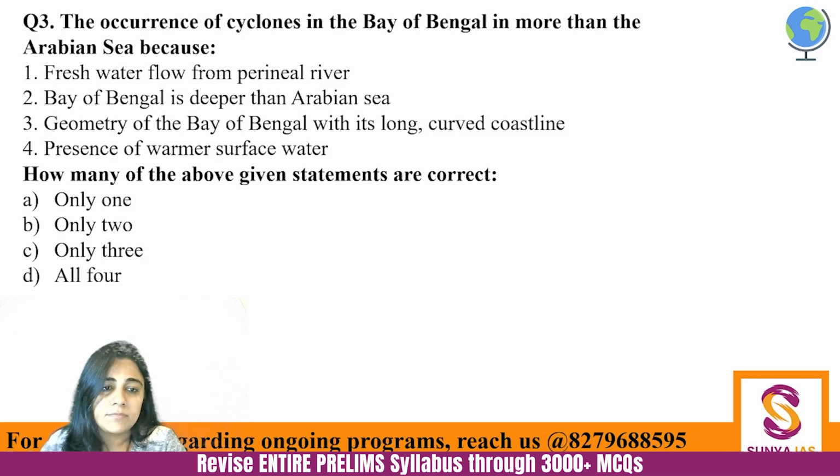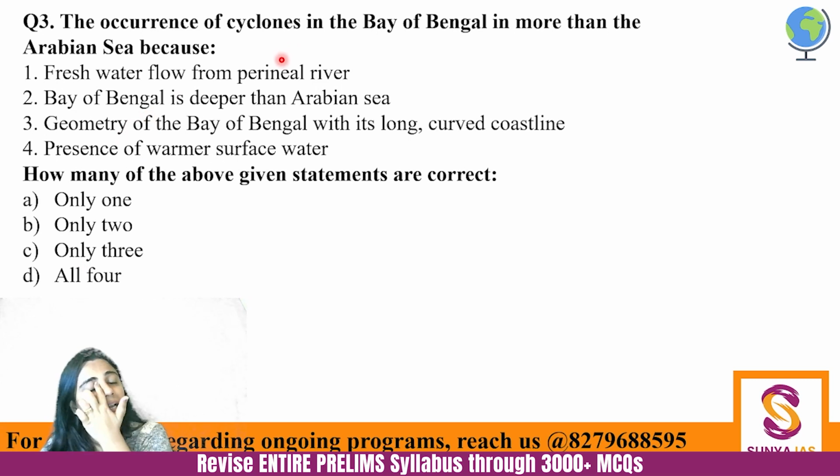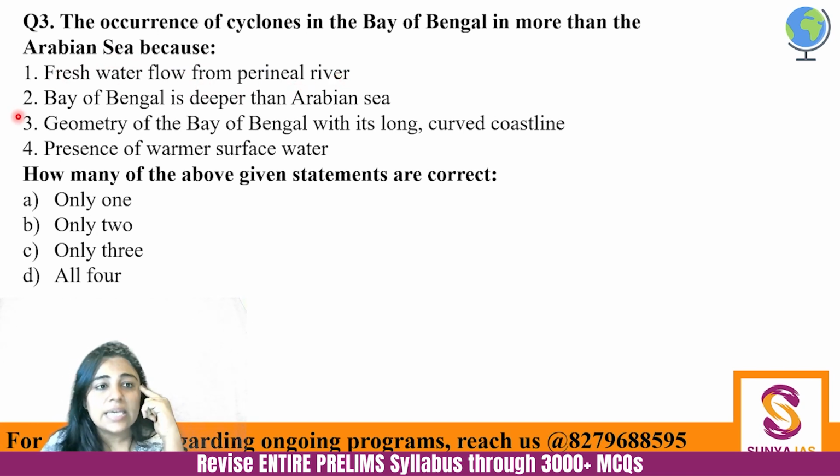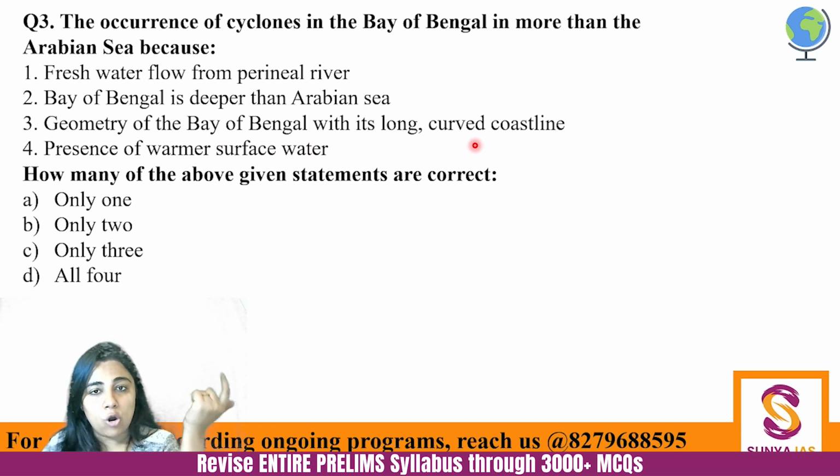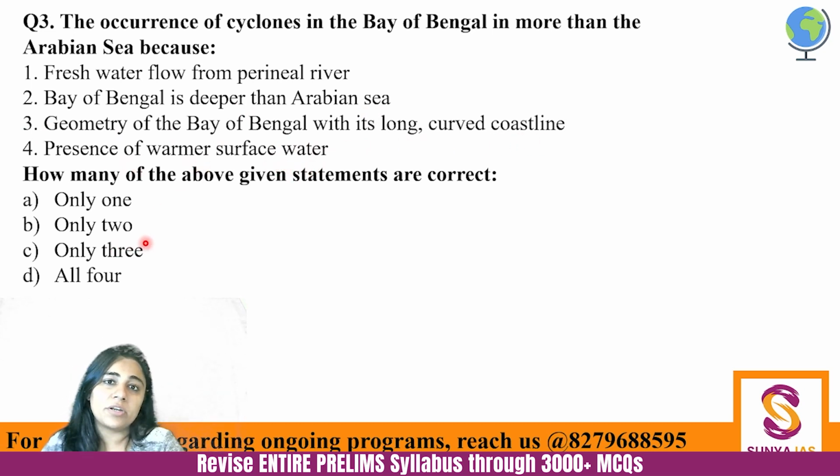Next. The occurrence of cyclones in the Bay of Bengal is more than the Arabian Sea because of fresh water flow from perennial rivers; the Bay of Bengal is deeper than the Arabian Sea; the geometry of the Bay of Bengal with its long curved coastline; and the presence of warmer surface water.